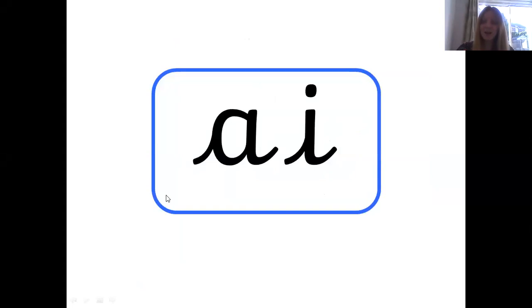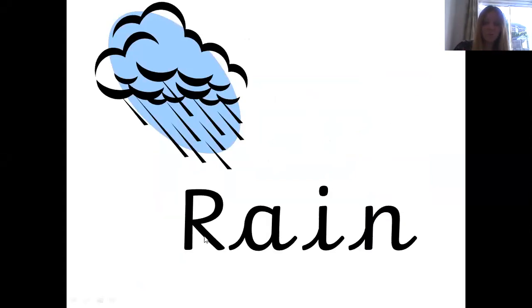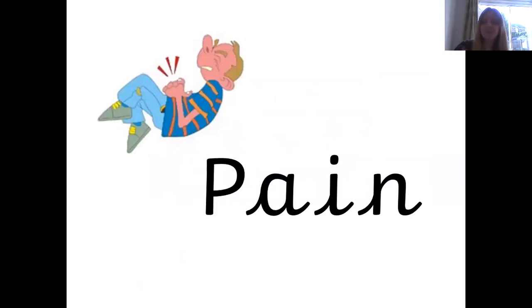So this digraph is ai. You're going to see some words on the screen now, and these words all have the ai digraph. Can you read the letters for me, please? Well done. Rain. Can you tell me the next one?